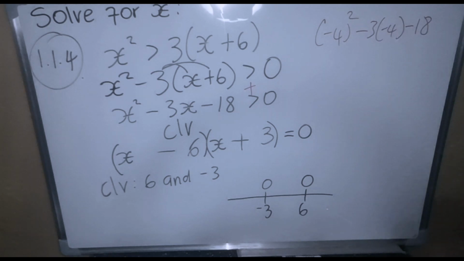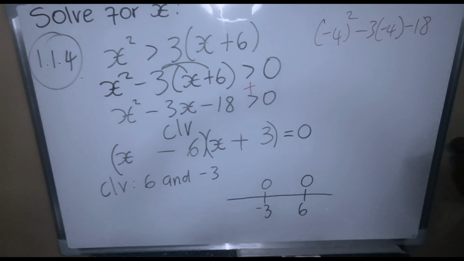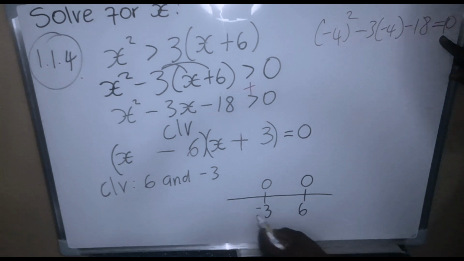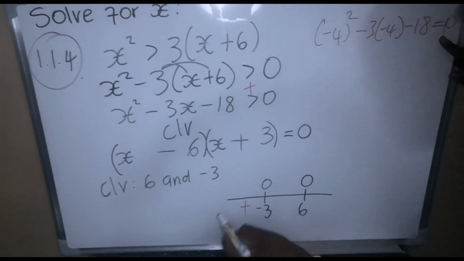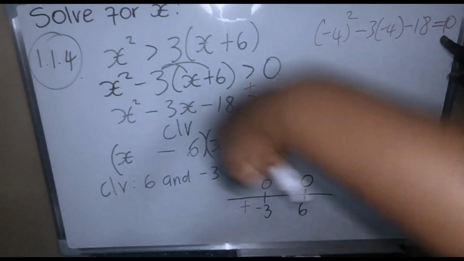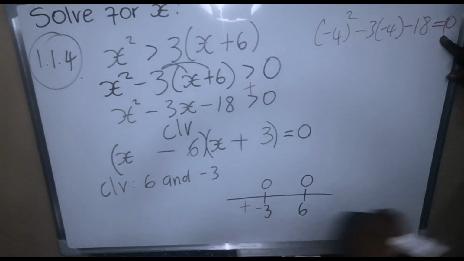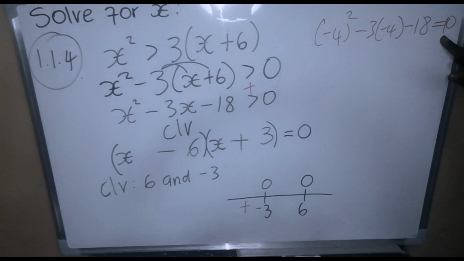Then you use your calculator there. The answer is 10 for this one. Now, what is the sign of our 10? It's positive. On this side, they are positive. Which means all those values to the left, that are smaller than -3, are positive here. Our aim is to look at the sign only.